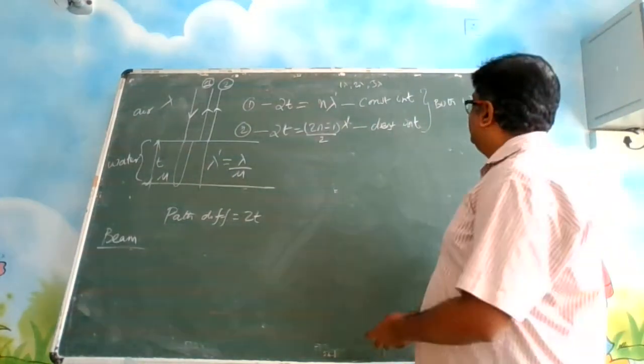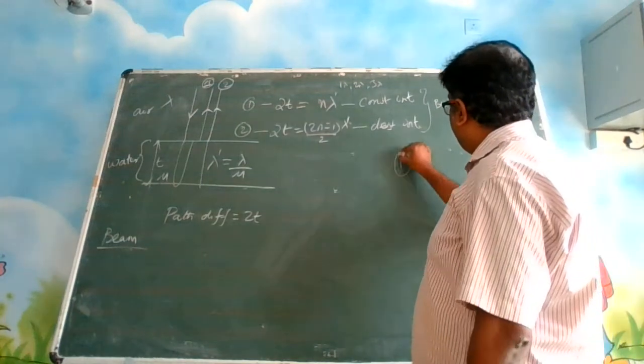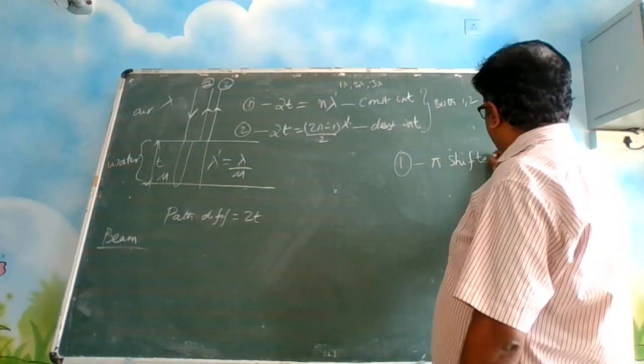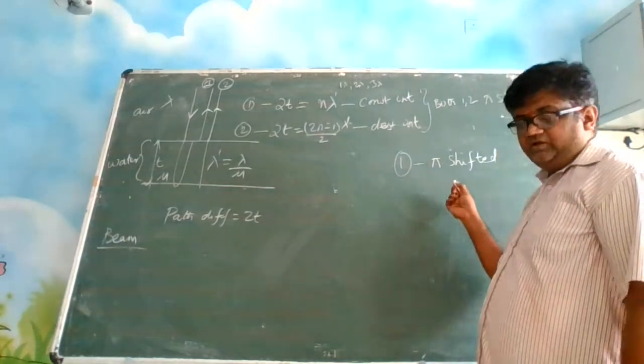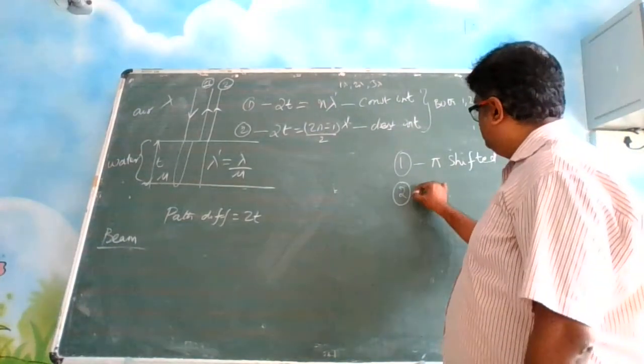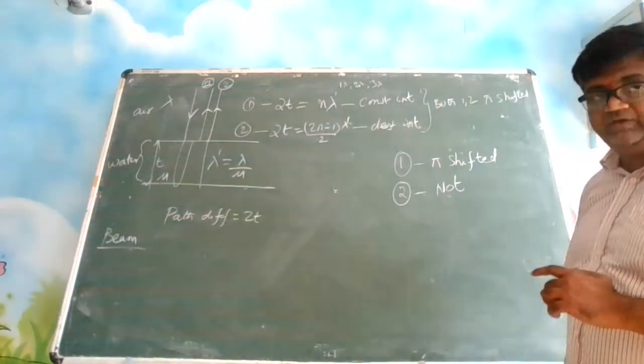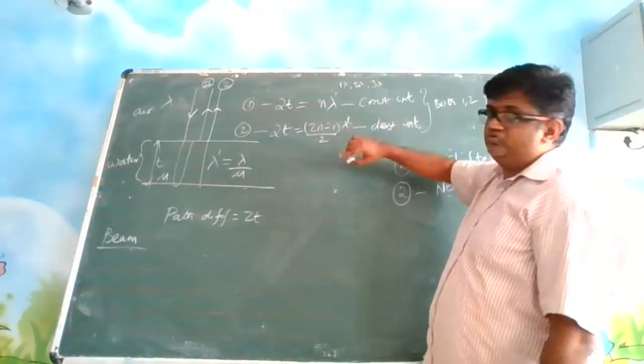What can be the other situation? Let us say one got pi shifted, but two not. In that case, what will happen? ये flip flop हो जाएगा.